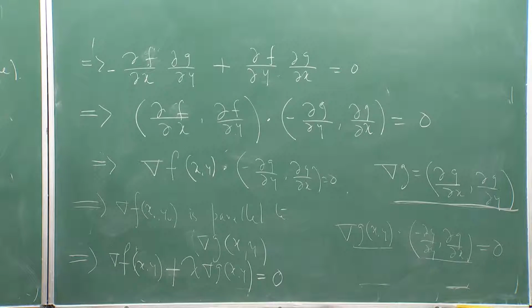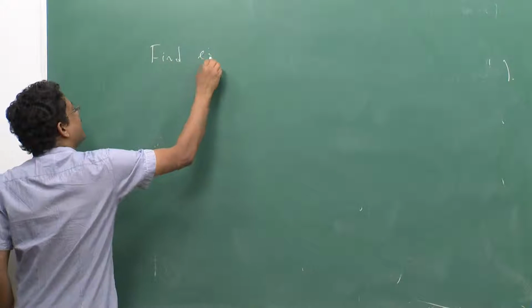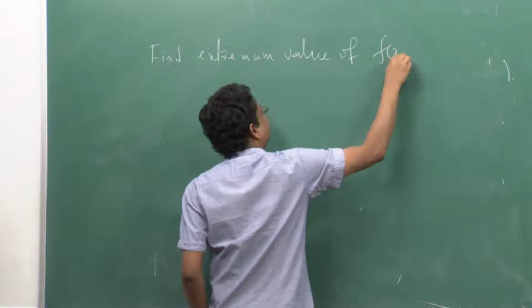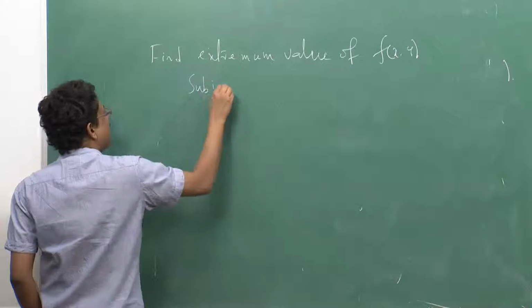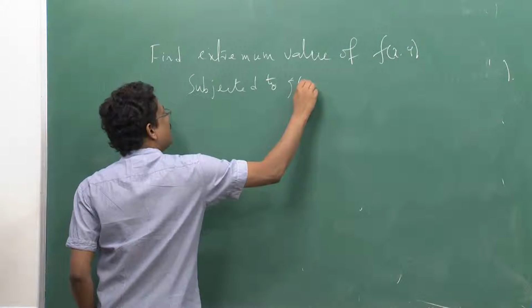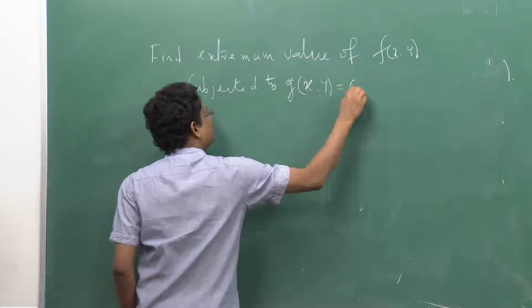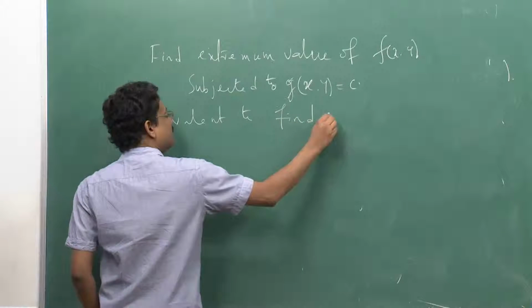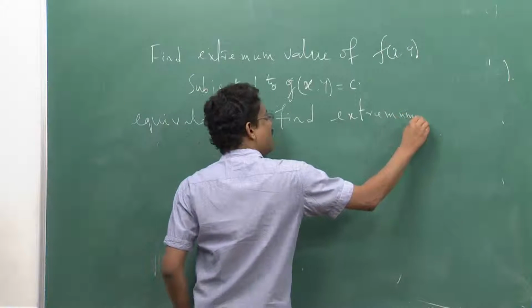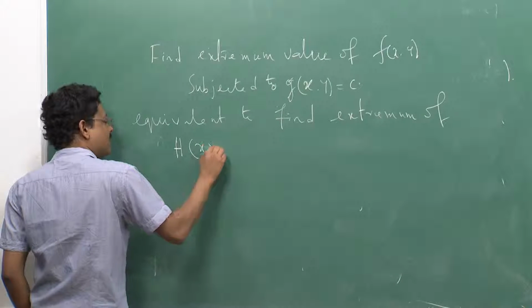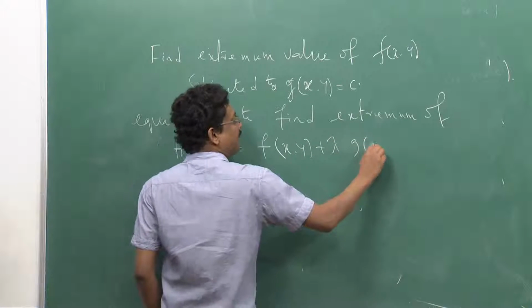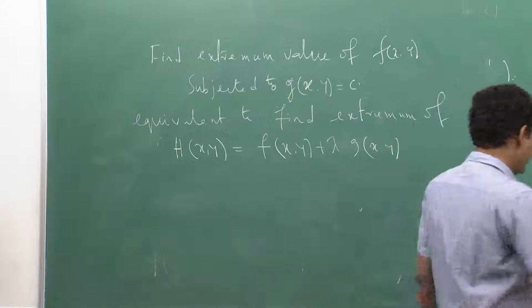So, what does it say? It says that if we go back to our original problem, to find the extremum value of f(x, y) subject to g(x, y) equal to c is equivalent to finding the extremum of h, where grad h is 0.